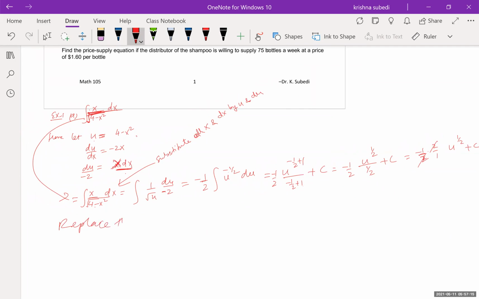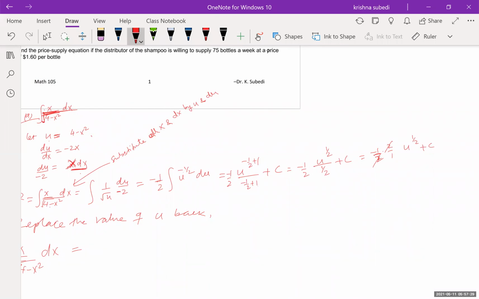So you're going to get the integral of x over square root of 4 minus x squared dx equals negative, u means 4 minus x squared, power half, plus c. Right?